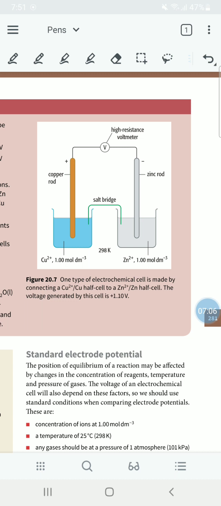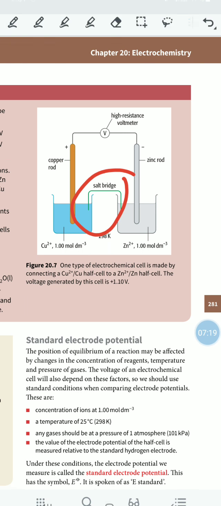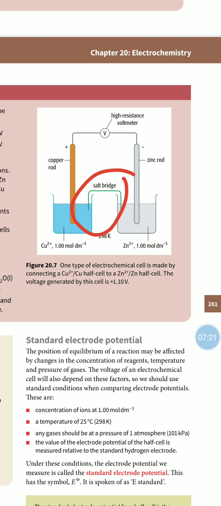And then for the ions to move, you have to have a salt bridge. As you can see here, this is the salt bridge. So this salt bridge allows the ions to move.